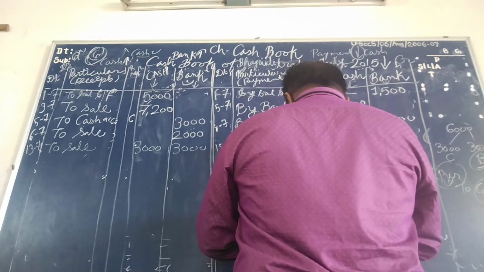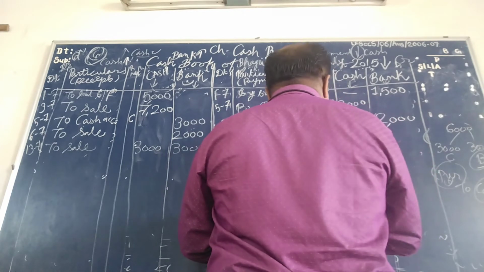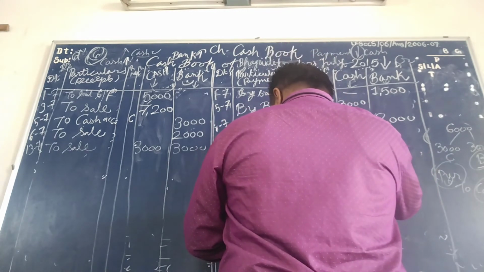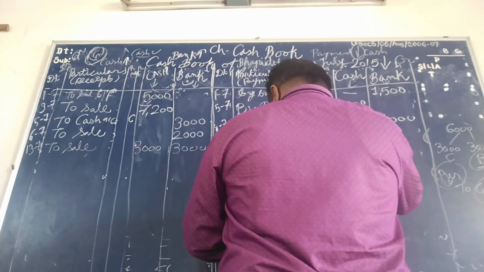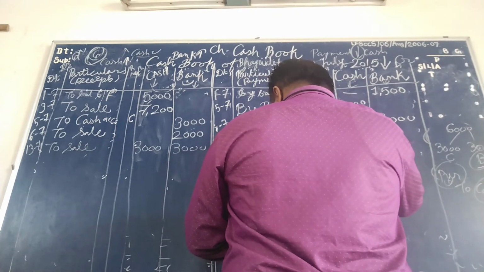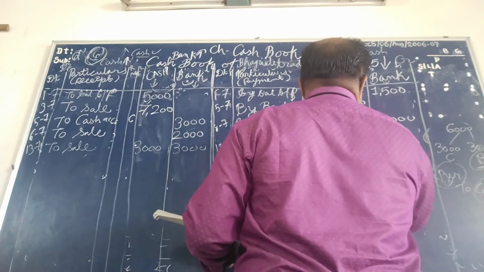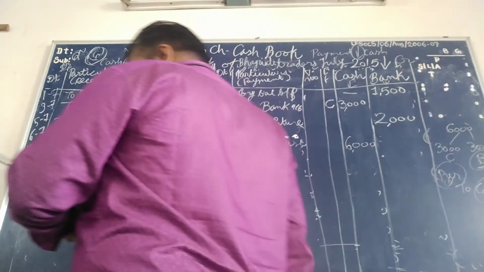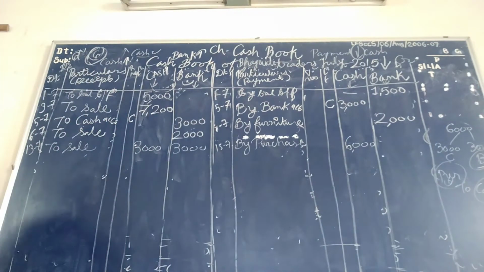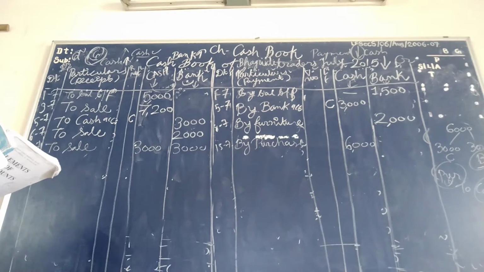We paid it in the form of cash, so it is in the cash column, 6,000. Goods we purchased, so it is on the credit side of the cash book.